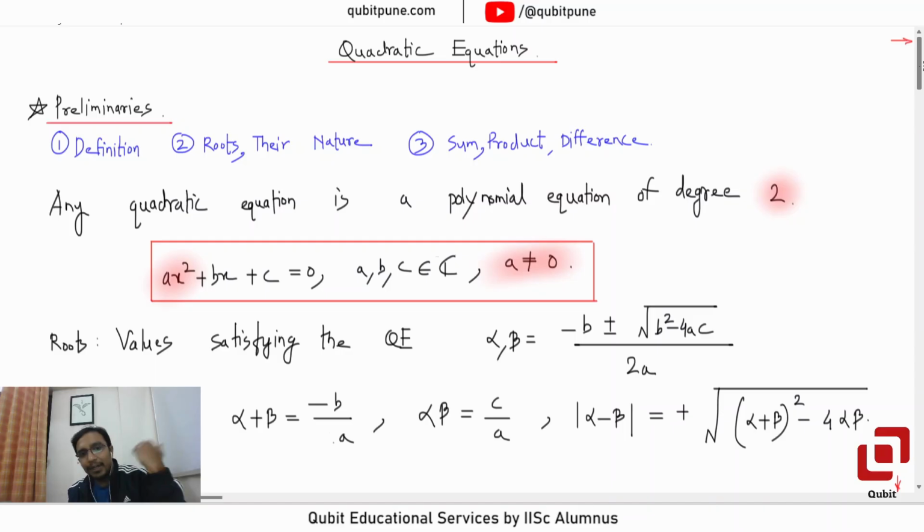But despite knowing all these things, we often find ourselves in a difficult situation, because the questions may be framed like this. What should be the relation among coefficients if the roots always lie in the open interval 1 to 2, or one root is greater than 1 and the other root is less than 1, something like that.